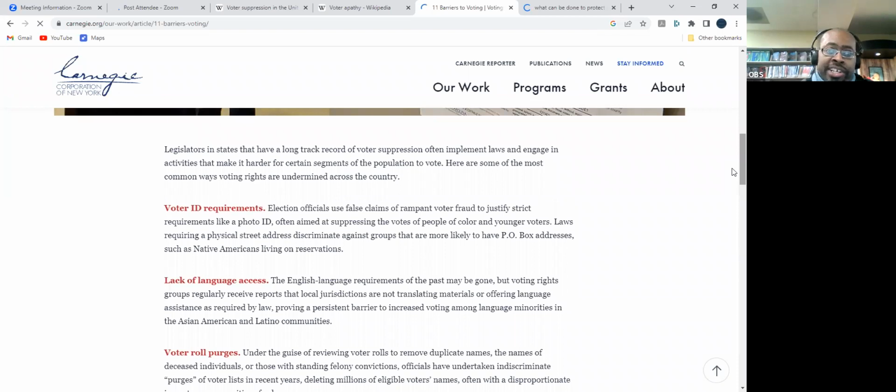we know that there have been a lot of barriers to voting throughout history, particularly during the Jim Crow era when segregation was introduced, and individuals' right to vote was also affected by that.